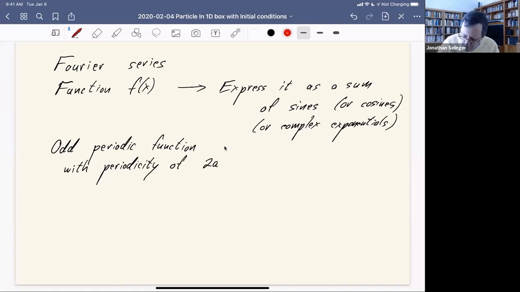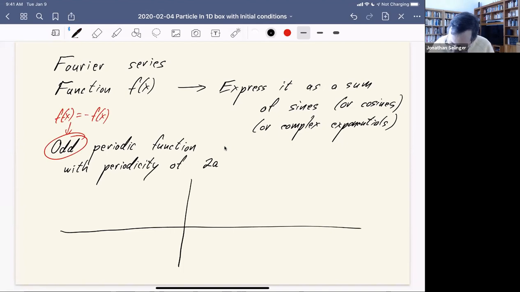Okay, so you know the word odd means that f of negative x is negative f of x. Okay, so like a sine function, for example. Okay, so here I'm going to attempt to draw an odd periodic function, f of x, as a function of x, okay, with a periodicity of 2a.